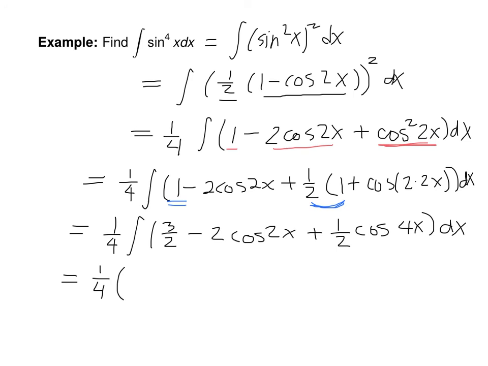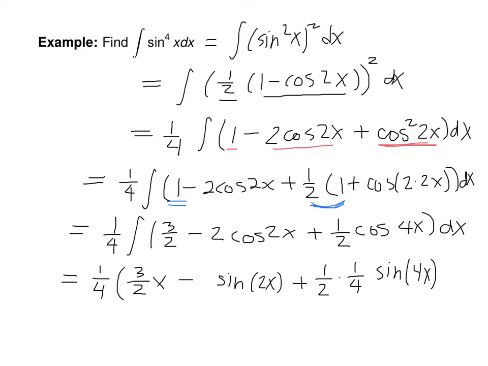The antiderivative of 3/2 will be 3/2 x. The antiderivative of cosine will be sine of 2x, and just to check, if I differentiate sine of 2x, I end up with cosine of 2x times 2, so we're good to go there, plus 1/2 times 1/4 sine 4x plus c.